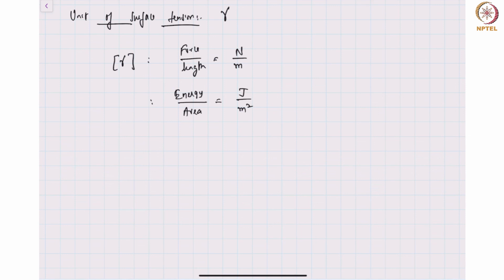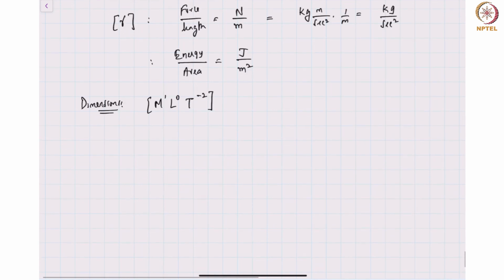So if you work out the unit of Newton, the Newton would be kilogram meter per second square times 1 by meter, and therefore you would have kilogram per second square. Or in dimensions, you would write it as M to the power 1, L to the power 0, T to the power minus 2. So that's the dimension of surface tension.